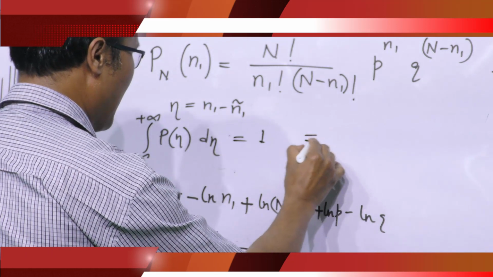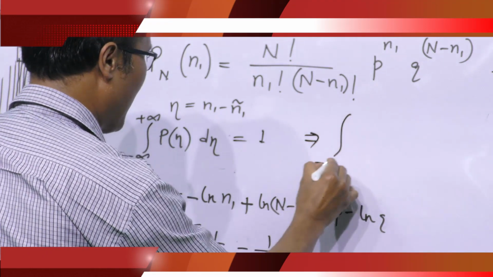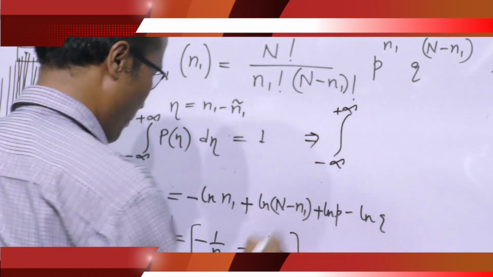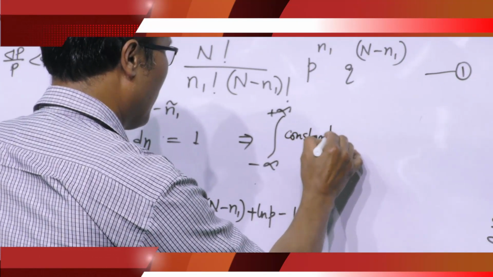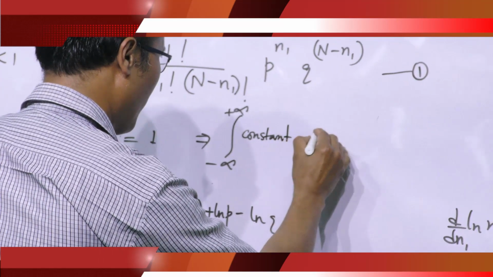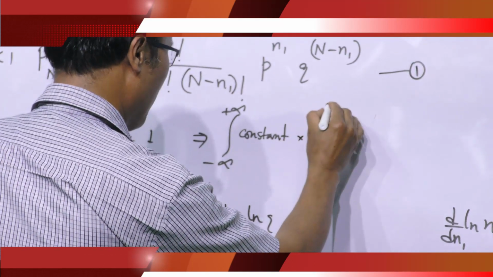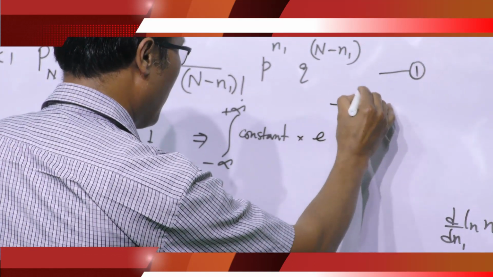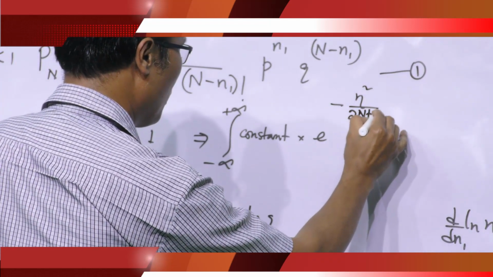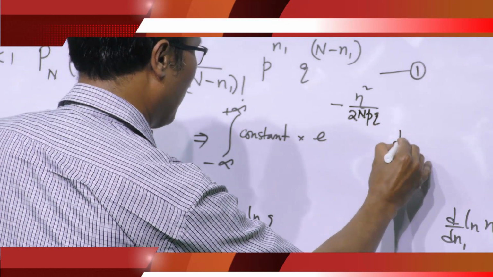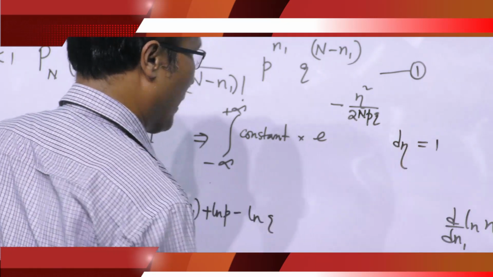So this implies the integral from minus infinity to plus infinity of this constant times e to the power minus eta square by 2npq, d eta, is equal to 1.